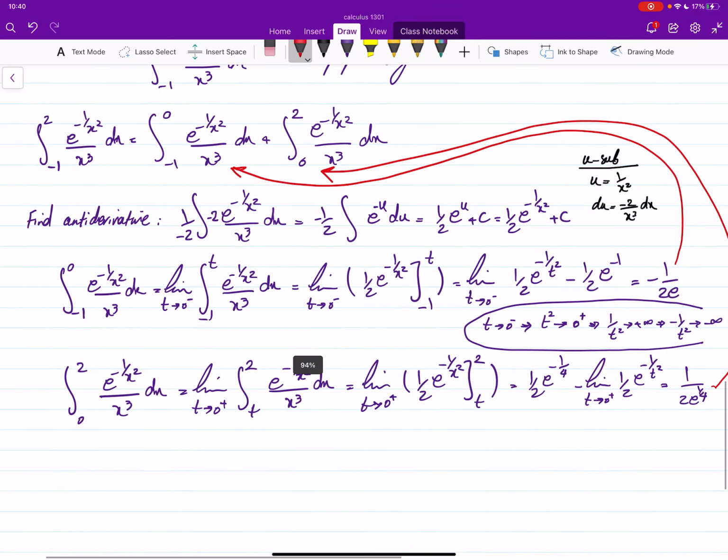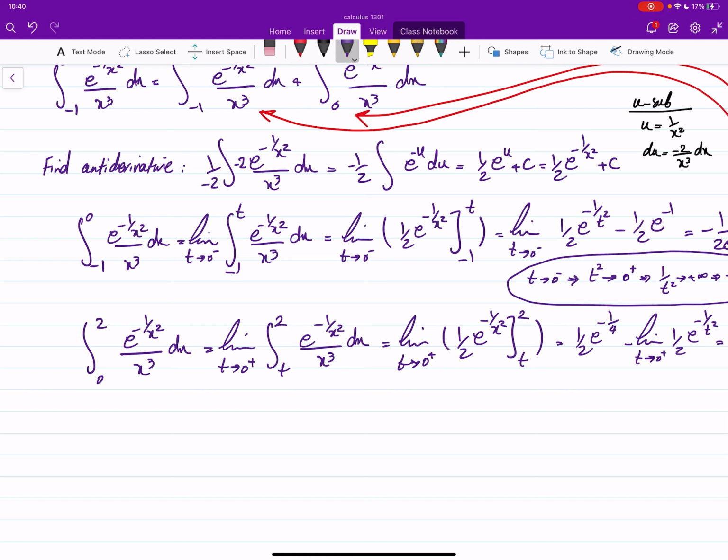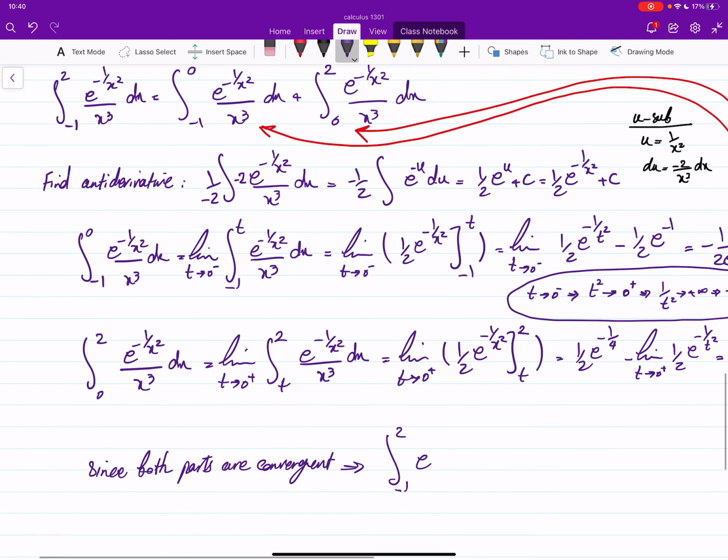Since both of these parts are convergent, as a result, the whole integral is convergent.